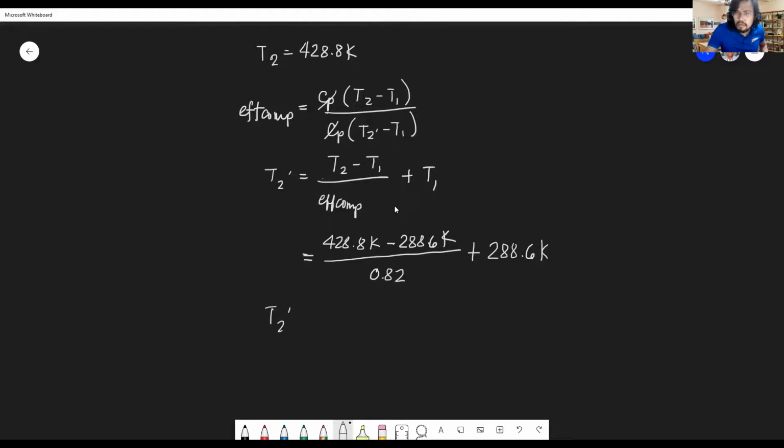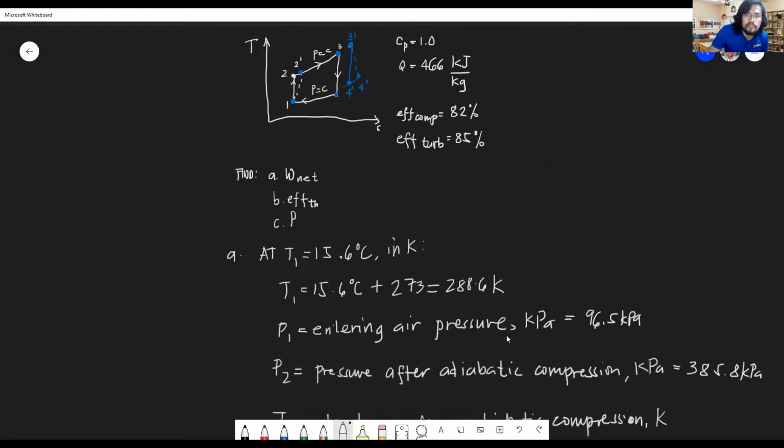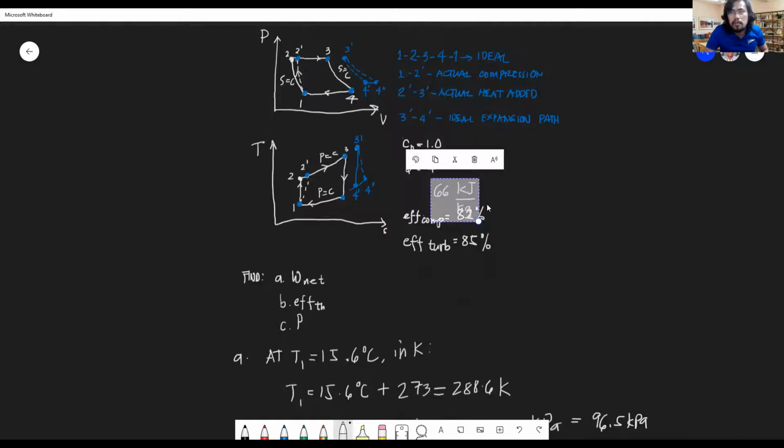Okay, 170 point or 171 plus 288.6. That is going to become 459.6 Kelvin. It's consistent with our chart.